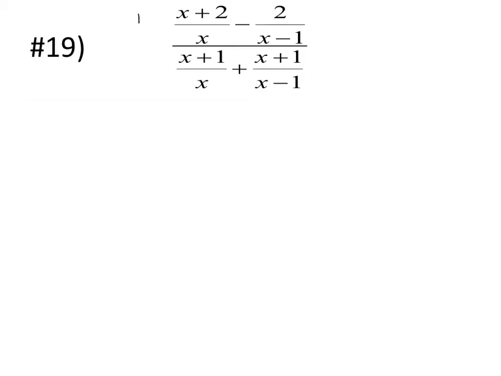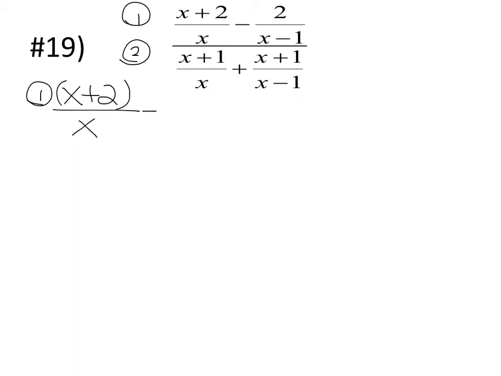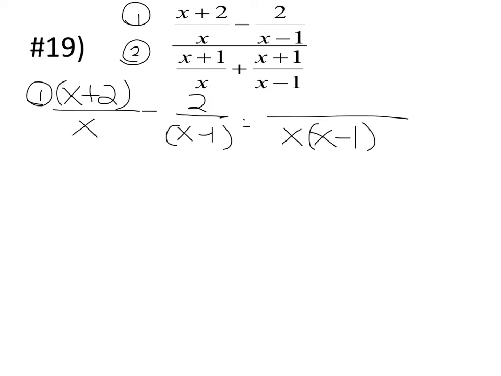Okay, so now we're going to do 1 and 2. So 1 is x plus 2 over x minus 2 over x minus 1. So your LCD is x times x minus 1. So this is missing an x minus 1, and this is missing an x. So you need x minus 1 times x plus 2 minus 2x.